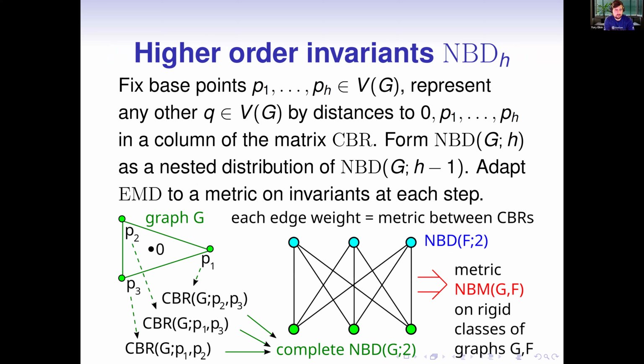So we can fix multiple base points, and then obviously for any other vertex, we can compute a distance to the origin and all the other points. And because there are many points, it actually transforms into a nested distribution.